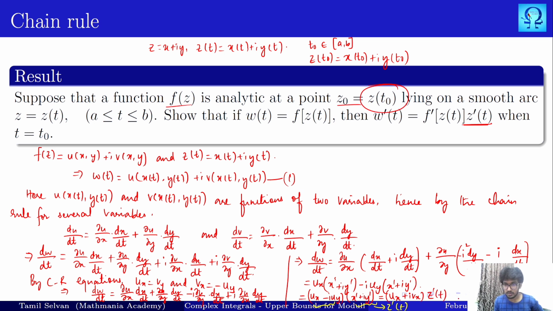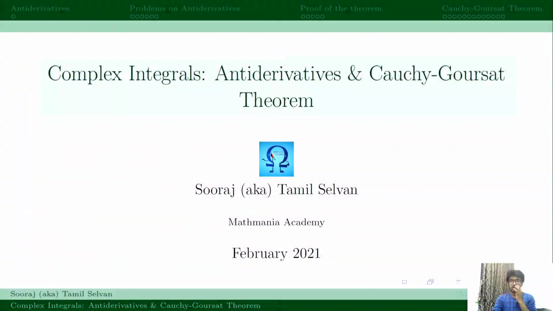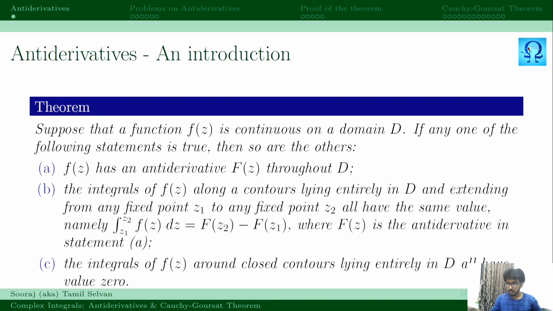I don't know whether if I write here it will be visible to you, so let me make an arrow. With this, we concluded ux plus iota times of vx is nothing but f prime of z, and we have the z prime of t, and this is what we were required to prove.